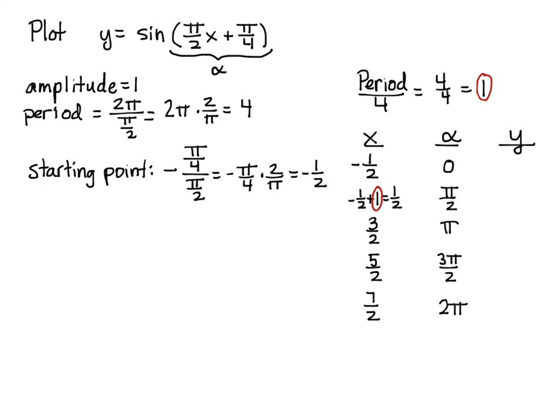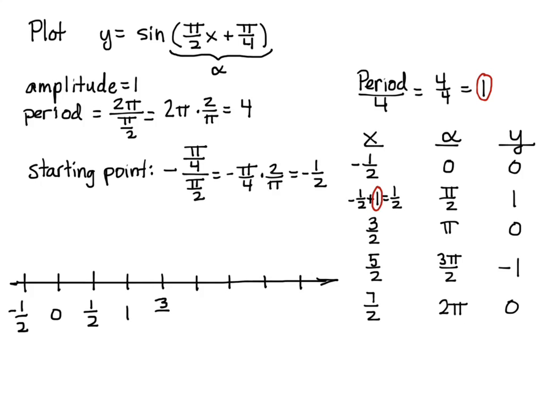2 pi. And so what are my y values now? Well, it's simply going to be, my amplitude is 1, and I'm not doing any kind of bias on it, so those will be my key points. And so when I plot this thing, I should go in increments of 1/2.